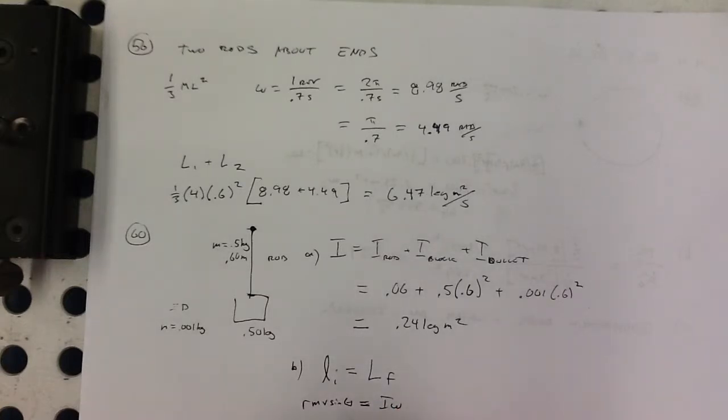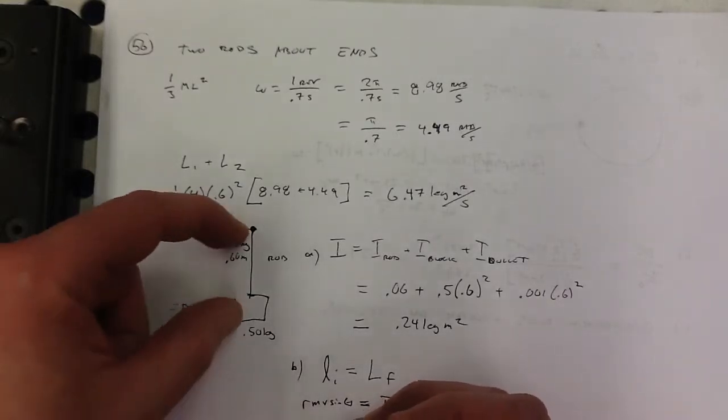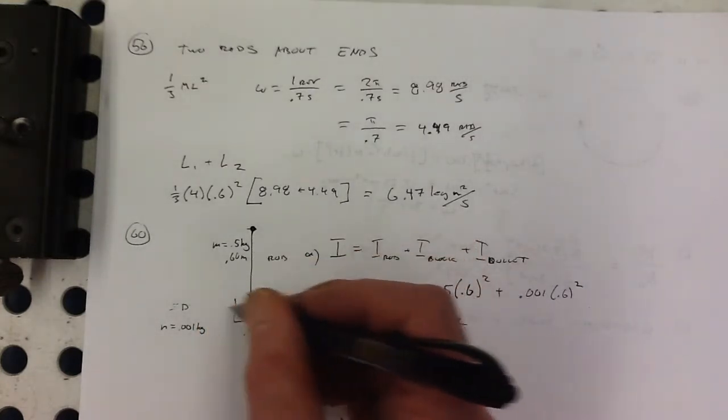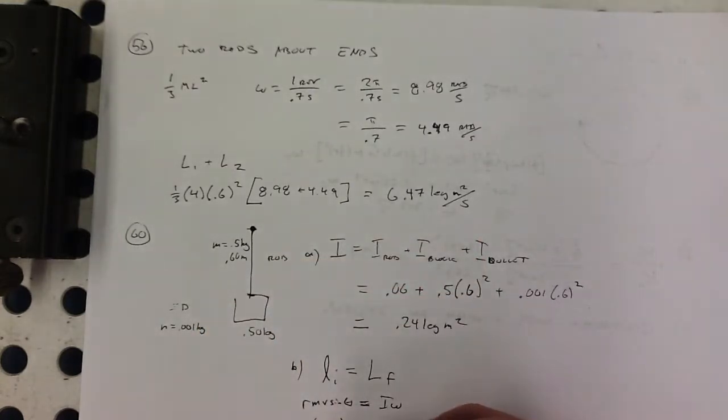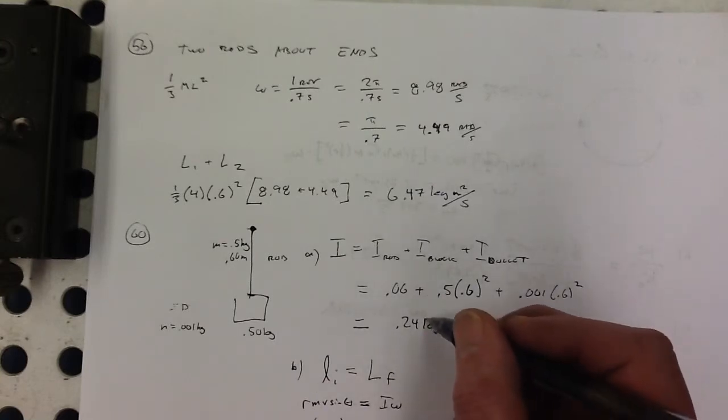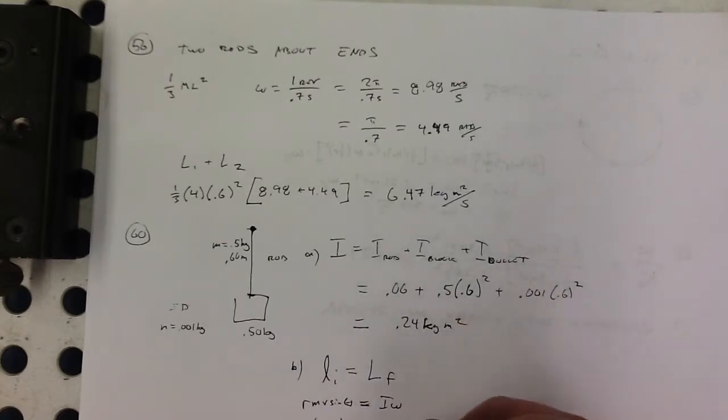So let's see what we know. The r for the bullet is 0.6, the m for the bullet is 0.001, the v for the bullet is what I'm looking for, and the sine of theta, those are perpendicular, so it's 1. The I total is right here, 0.24, and the omega they told us is 4.5.